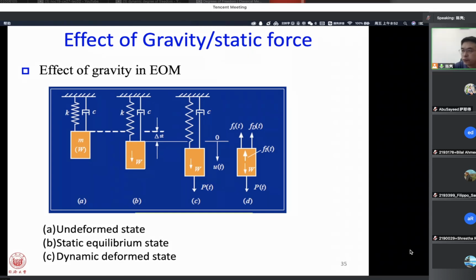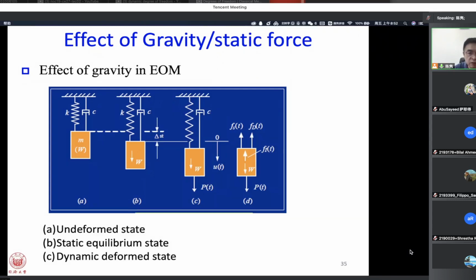And if we very, very slowly release this system and allow it to reach the static equilibrium position, which is the second figure B, you can see on the screen, the spring has elongation, or deformation.